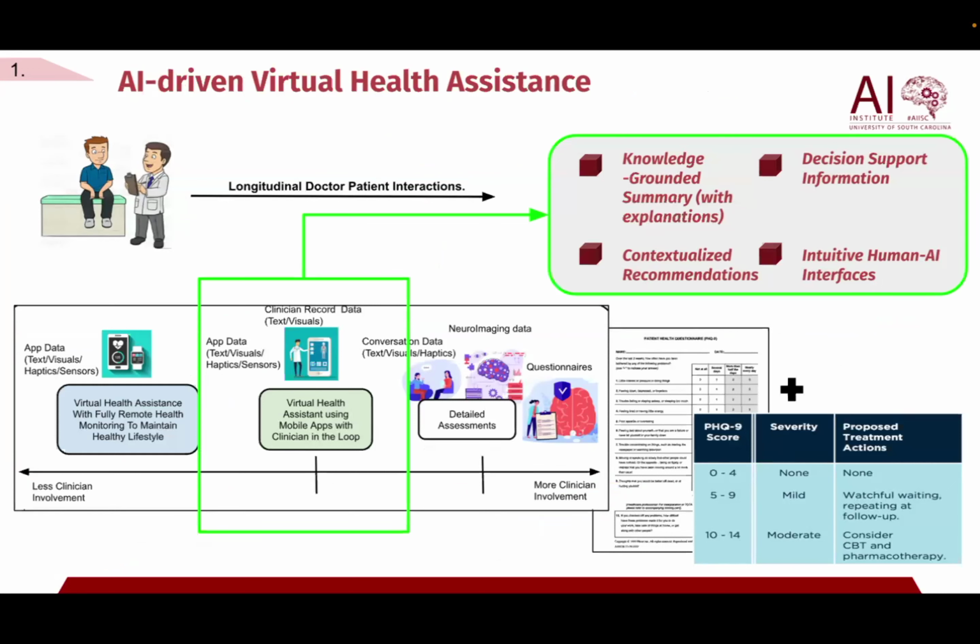So if this depression score as measured through a standard procedure is within those ranges, then the proposed treatment actions are either do nothing, in the sense that just continue to see them, and then take a more structured approach in terms of scheduling follow-ups periodically for the 5 to 9 range. And 10 to 14 is when you have a clinical setting. You need to administer cognitive behavioral therapy or some medication for this person to get better.